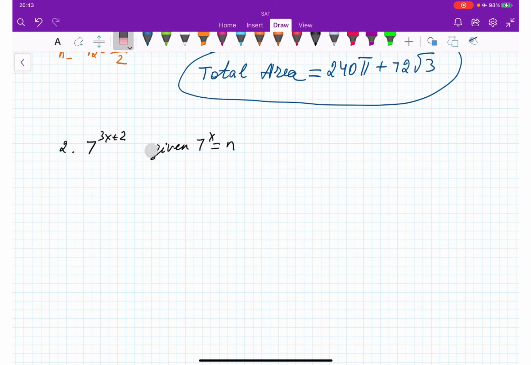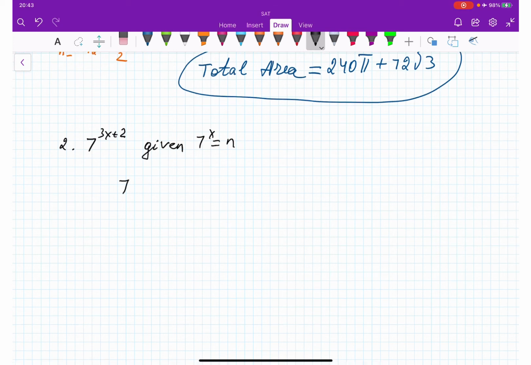Let me rewrite it nicely. Okay, so 7 to the power 3x plus 2 is equal to... I'm going to break it down: 7 to the power 3x. I'm trying to release 7 to the power x so I can replace it with n. That's my goal.